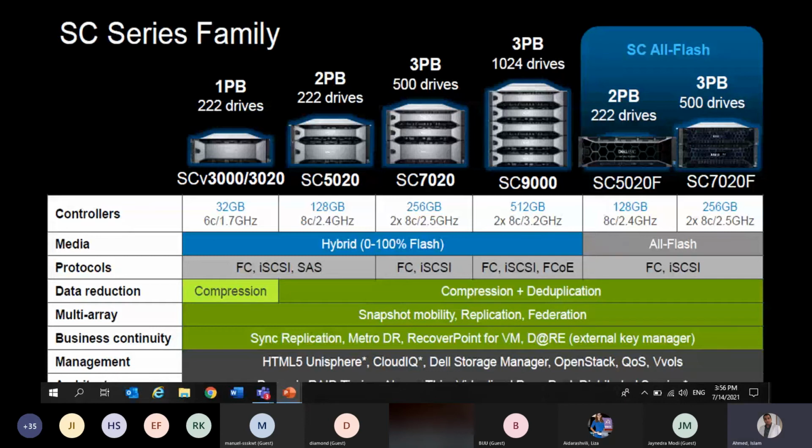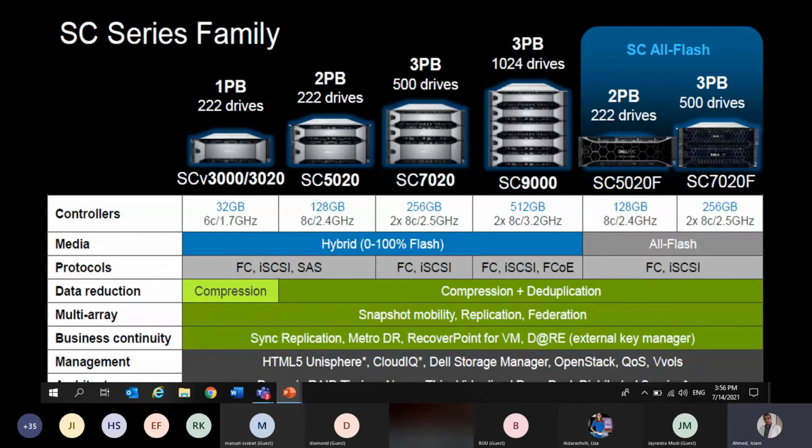We don't have to change our architecture because the storage can work with different protocols like SAS, iSCSI, or FC. So it can fit and comply with all the requirements of your customer. SC is one of the best mid-range storage in the market, and the price is also very competitive.